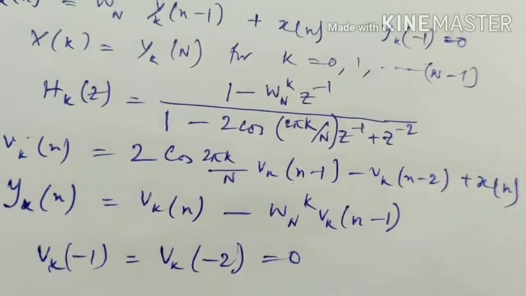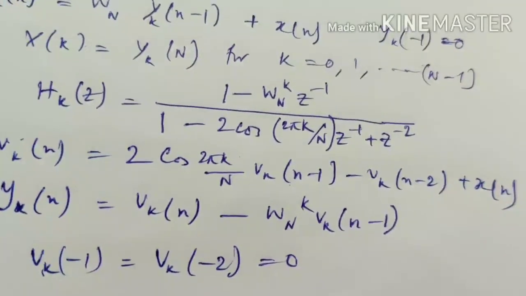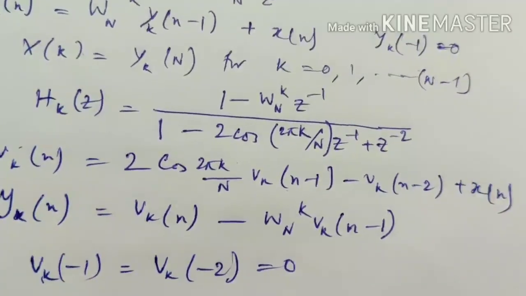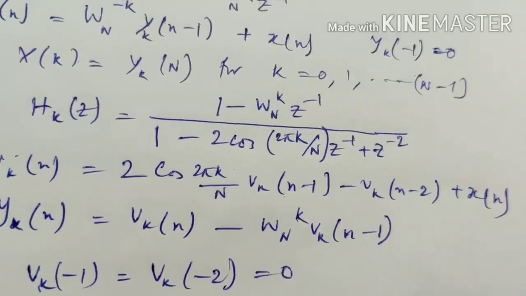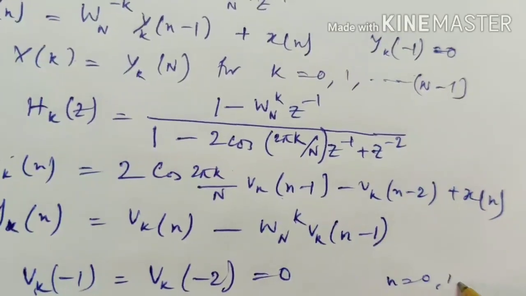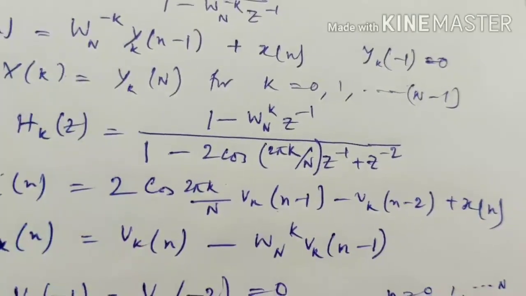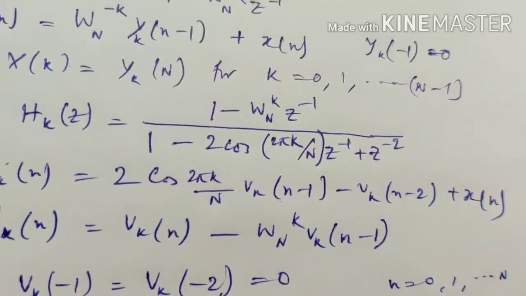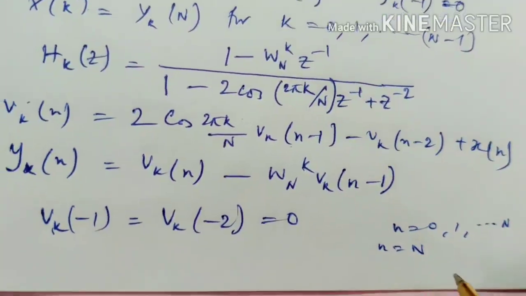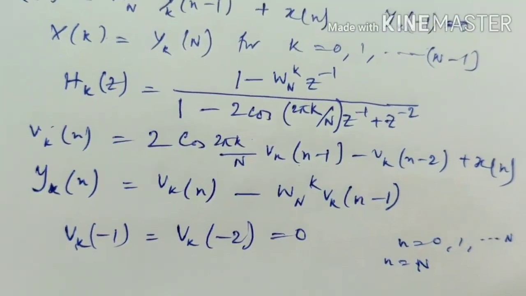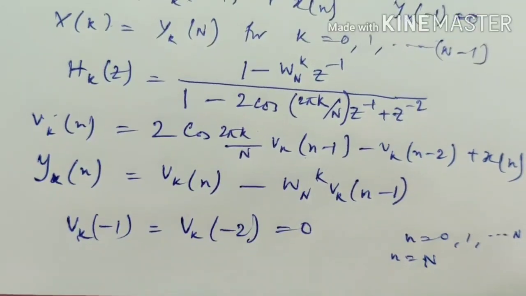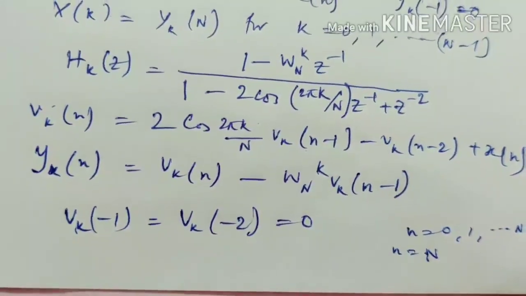So the recursive relation is iterated for n equal to 0, 1 up to N, but the equation is computed only once, that is small n equal to capital N. Each iteration requires one real multiplication and two additions.